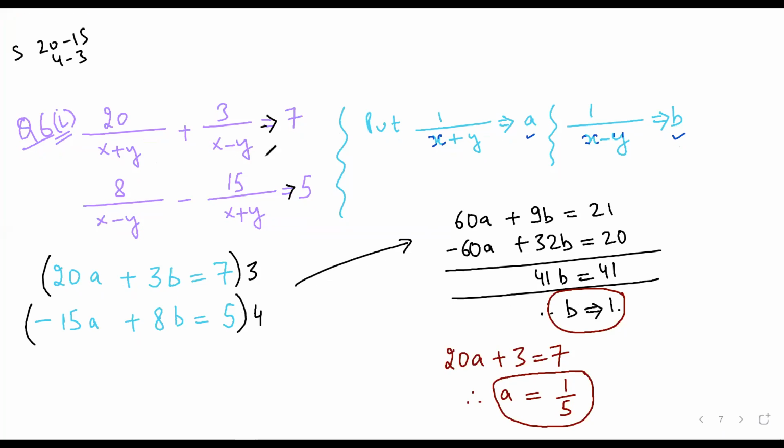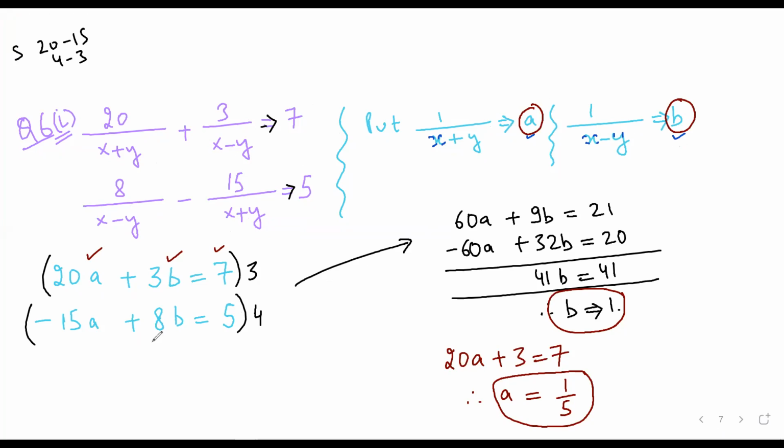So question 6th, first part. 1 upon x plus y is equal to a, 1 upon x minus y is equal to b. So my first equation becomes 20a plus 3b is equal to 7, and, sorry, this is x minus y. So x minus y is equal to b.